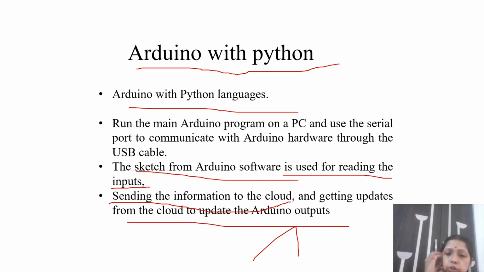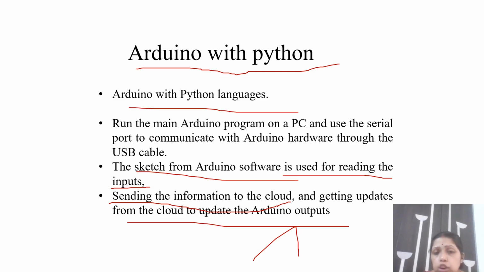Whatever actions are required based on the input, this input data has to be stored in the cloud, and in the same Arduino program you have to write the set of instructions for retrieving the data from the cloud for providing a particular output. So, sending the information to the cloud and getting updates from the cloud to update the Arduino output. You collect this data from the cloud, and this modified data we transfer to the hardware in the form of the Arduino output.